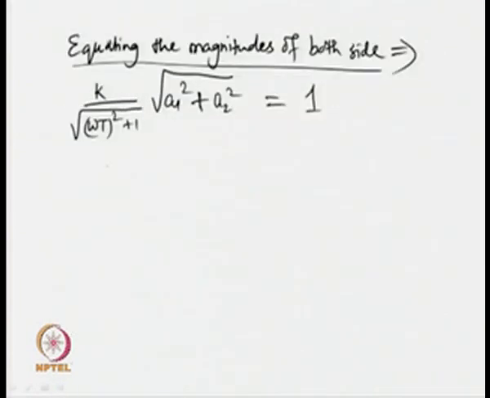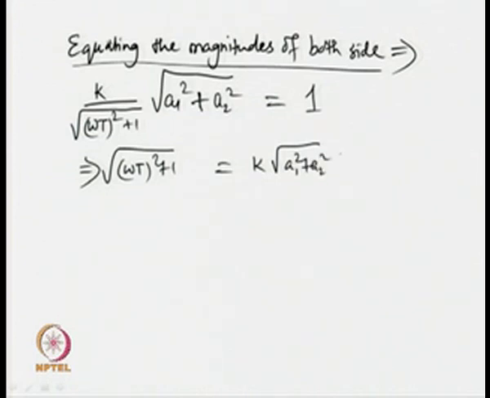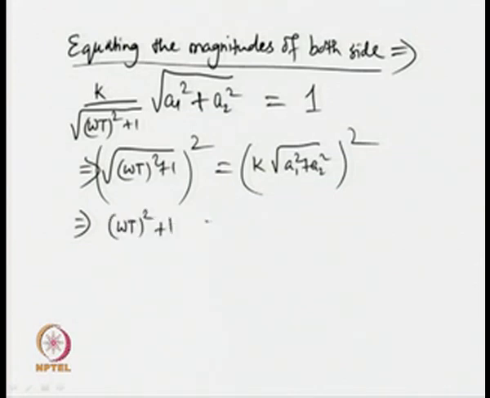Now, I will simplify this one. It implies the square root of (ωT) squared plus 1 is equal to K times the square root of A1 squared plus A2 squared. Take the square of both sides, that gives us (ωT) squared plus 1 is equal to K squared times (A1 squared plus A2 squared).